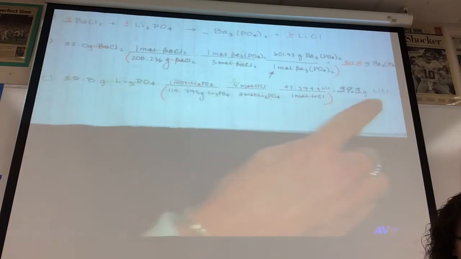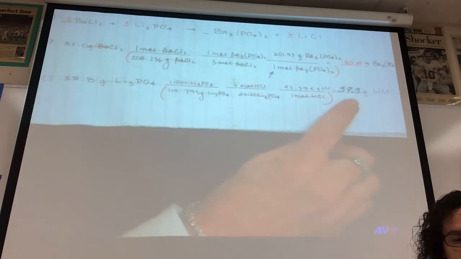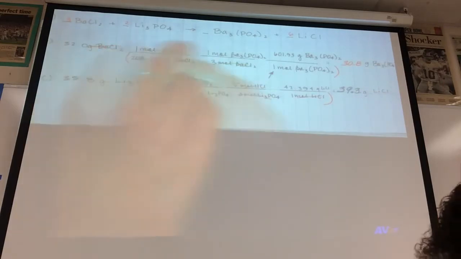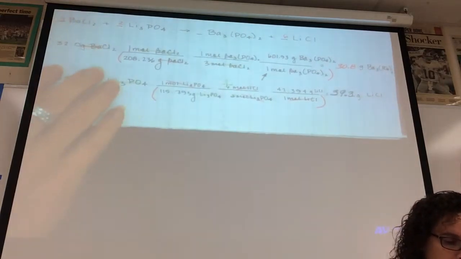For example, in the equation shown here, we have determined the mass of lithium chloride. If I wanted to know the volume of lithium chloride, I could do that by integrating the density piece into it, because we know, for example, that density is equal to what? Mass over volume.